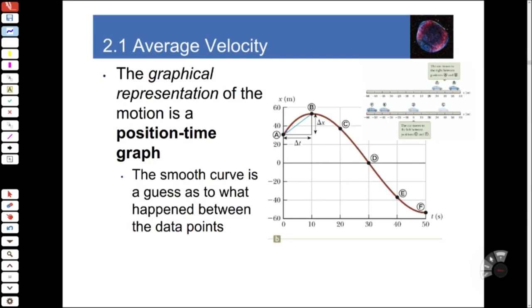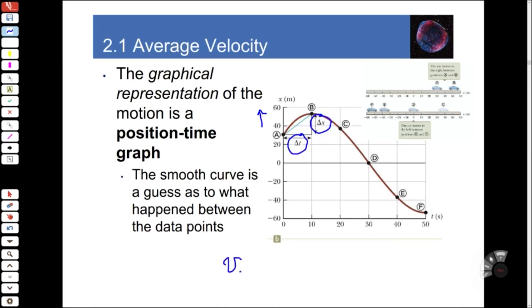Or in graphical representation, here, for example, it's x versus t. So here, for example, when the car is moving forward, the time is delta t and delta x is this.